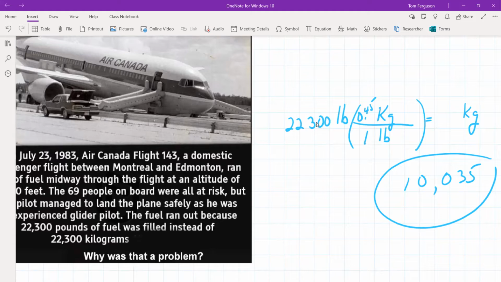So instead of needing 22,300 kilograms, we only put in about 10,000. Hence the plane ran out of fuel, and the pilot was able to land the plane safely, and no one was killed, but it was a simple error of systems. The SI metric system versus the imperial system, and they do not mix.